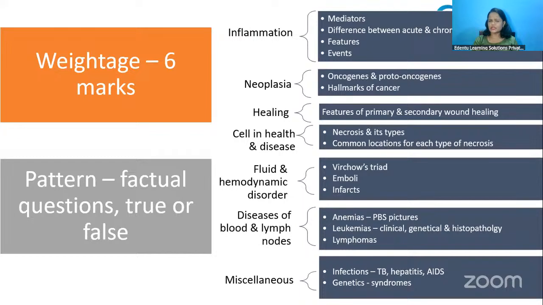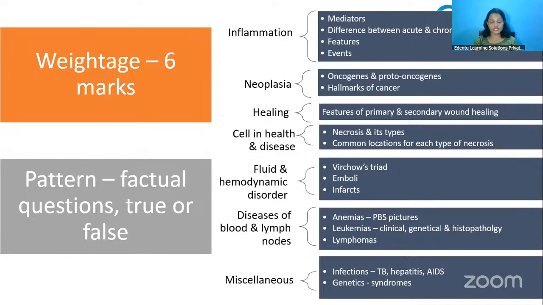Rarely I had seen questions asking directly about the tumors, because that will be covered in oral pathology. In general pathology, they were mainly concentrating on the etiopathogenesis of tumor, mainly the genes that are involved in carcinogenesis. So that can get a little bit tricky.